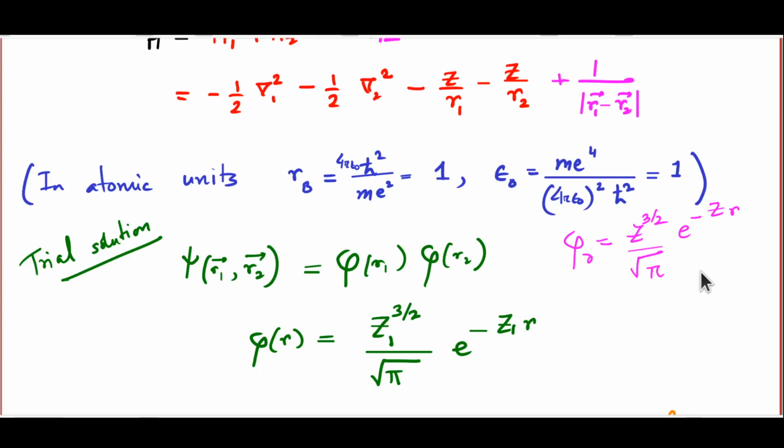Now what we are going to do is assume that our trial family of wave functions is of the form phi of R1 into phi of R2, and the only difference that I am going to make here is that instead of using the actual nuclear charge Z, we are going to use a quantity called Z1 in its place, and this Z1 is going to be treated as our variational parameter. So we have a family of wave functions where as we vary Z1, the wave functions change.